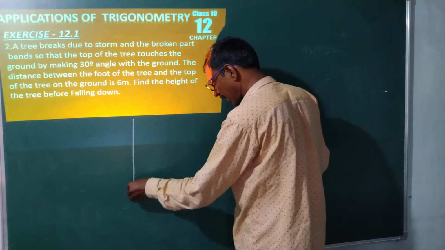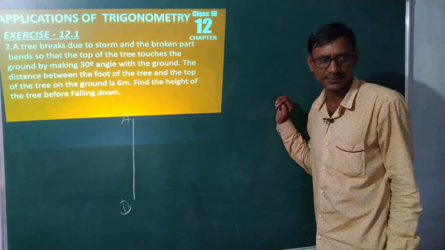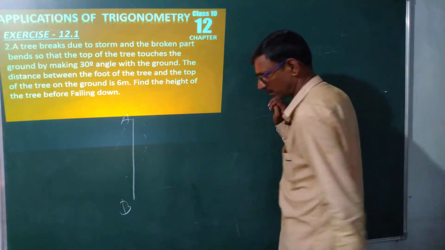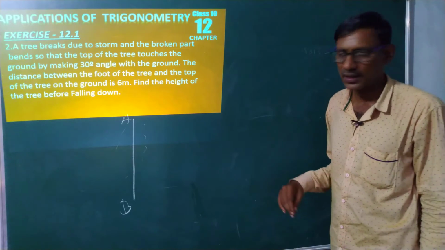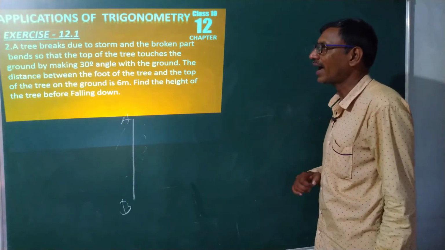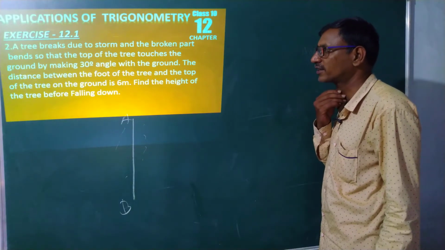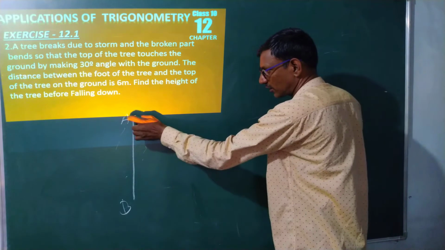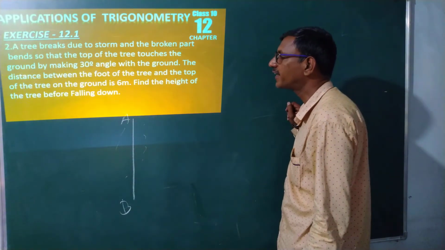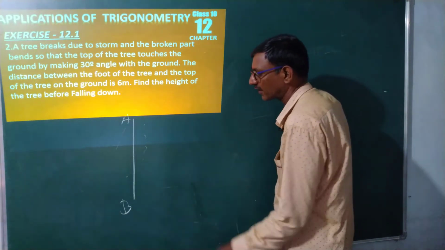Suppose this is my AB, this is my tree. Just assume it like this. A tree breaks due to the storm and the broken part bends, and so the top of the tree, this is the top, touches the ground by making a 30 degrees angle.